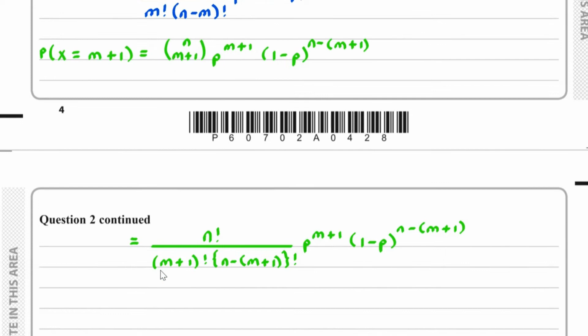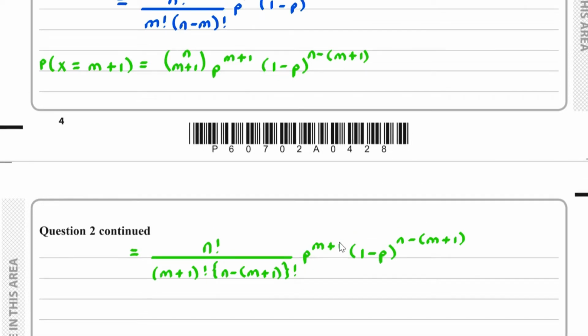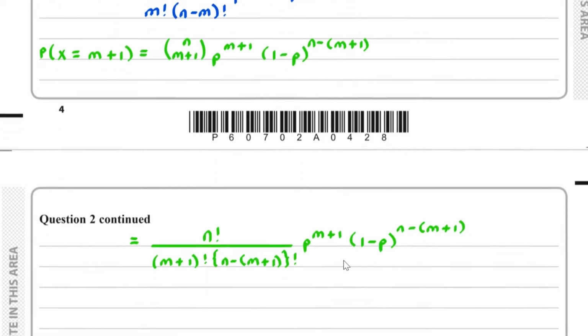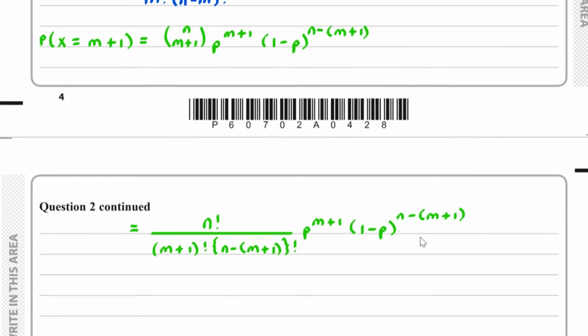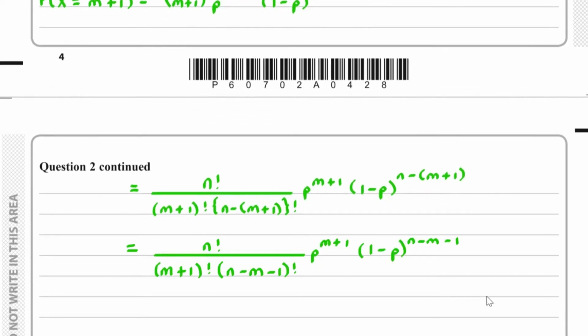We have n factorial divided by m plus 1 factorial multiplied by n minus, then in brackets m plus 1, then factorial, times p to the m plus 1 times 1 minus p to the power of n minus, then in brackets m plus 1. And if we tidy this up, we get this result shown here. n factorial divided by m plus 1 factorial times n minus m minus 1 factorial times p to the m plus 1 times 1 minus p to the n minus m minus 1.